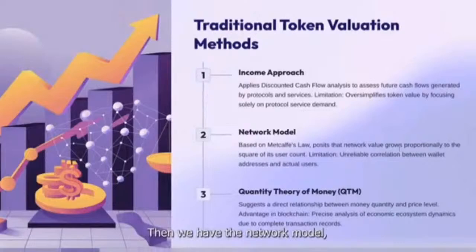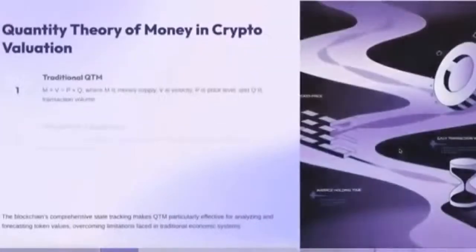Then we have the network model, which, to be honest with you, is an interesting idea, but it's not as easy to apply to cryptocurrencies, even though some people have tried. And finally, we have the quantity theory of money, which, while it has its imperfections, still remains, to a large extent, the most popular theory for valuing cryptocurrencies.